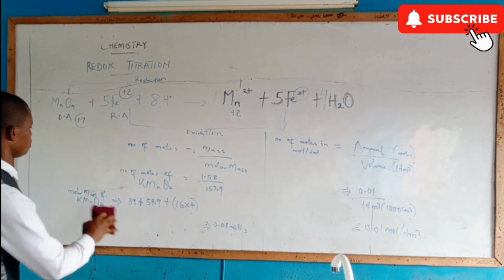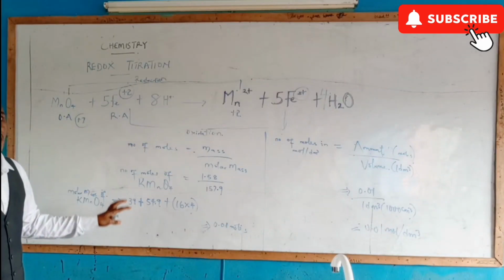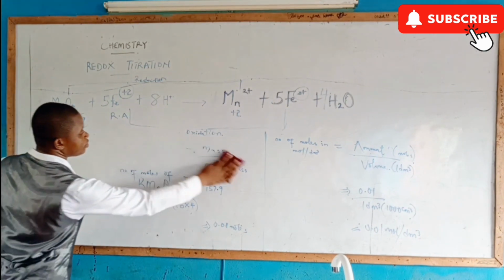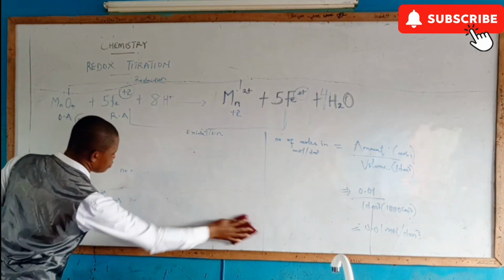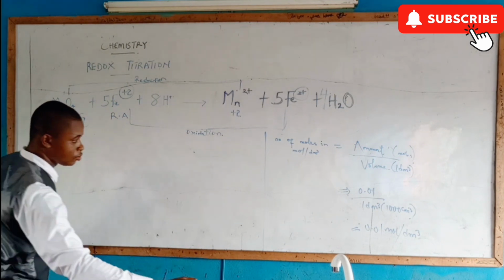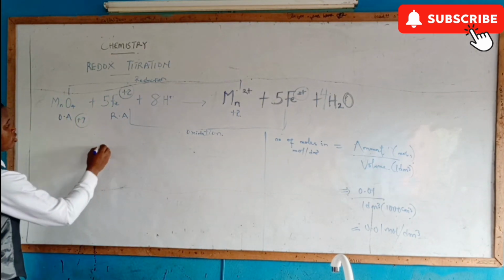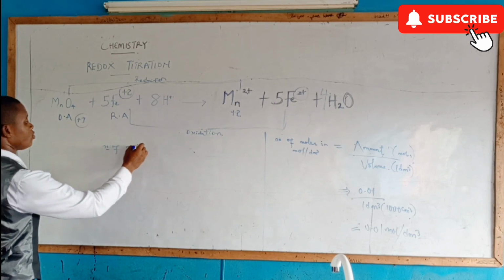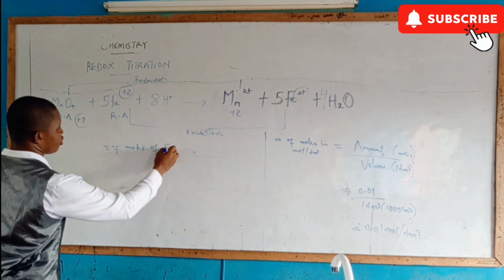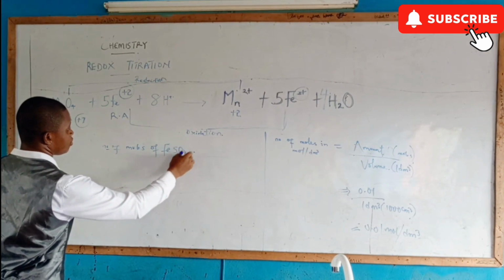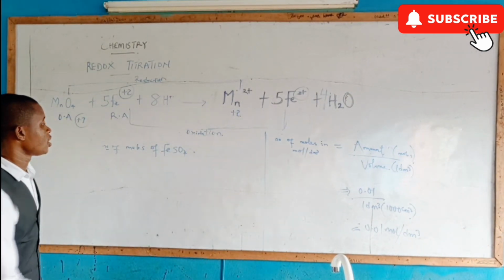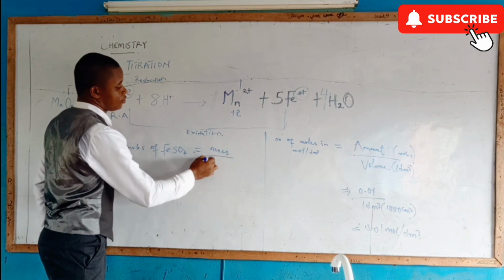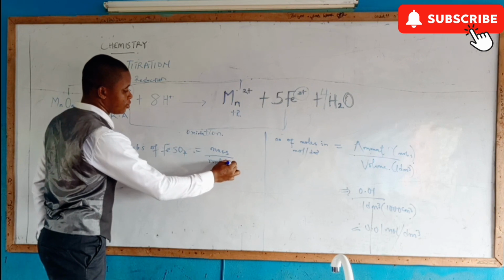So I'll rub off the board and then calculate the number of moles of iron sulfate that we're going to use. So determining the number of moles of iron sulfate, FeSO4, we still maintain the same formula, which is mass over the molar mass.